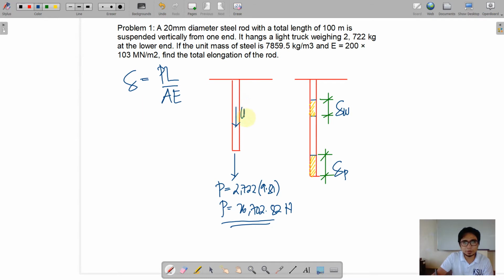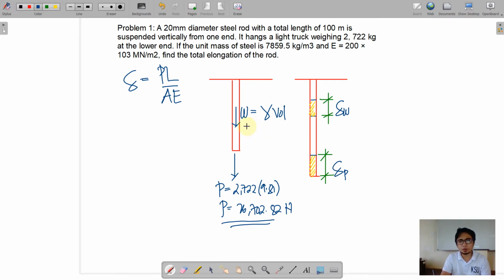And for the self-weight, say this is the weight of the bar, how much is that? Gamma times volume. So W is not directly given here.